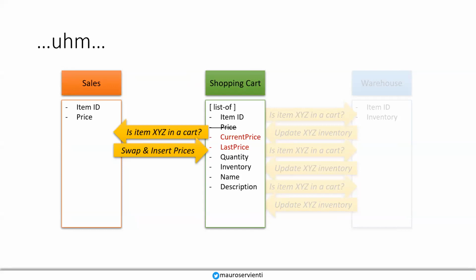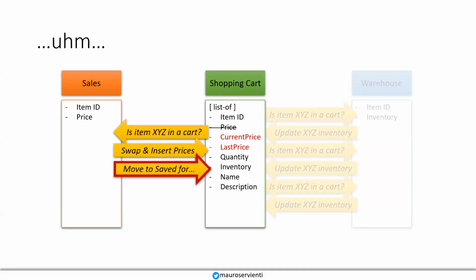So whenever a price changes in sales, we need to look for items in the shopping cart. If there's any item for which a price changed in the shopping cart, swap prices, inserting the new price, adding the new price to the current price, and moving the current price to the last price. And finally, move to saved for later.